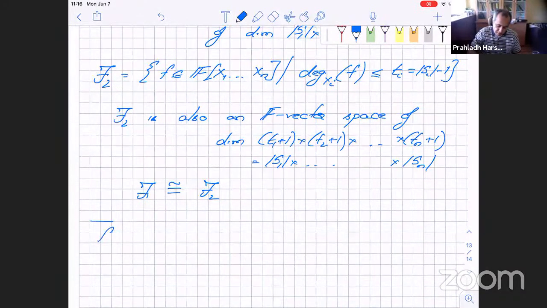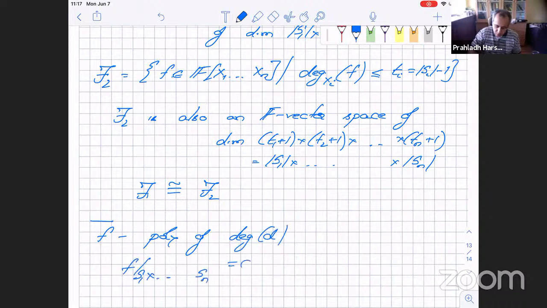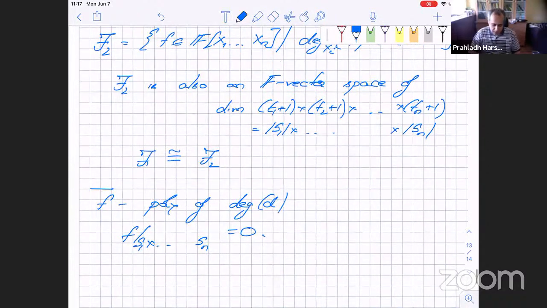So I'm given f, some polynomial of degree d, and I'm told that f on the grid is 0. And the g_i are polynomials defined this way: g_i of x_i is the product of (x_i minus s) over s in S_i.